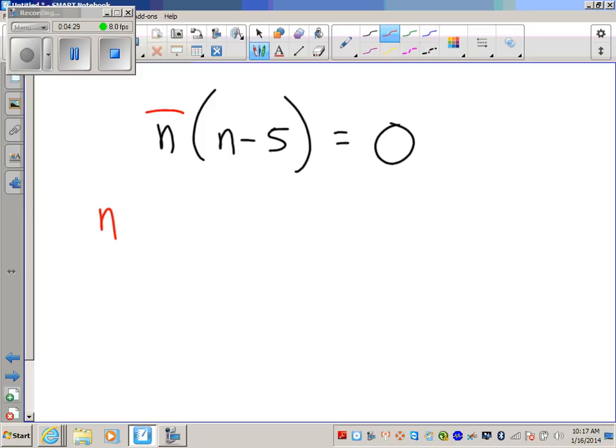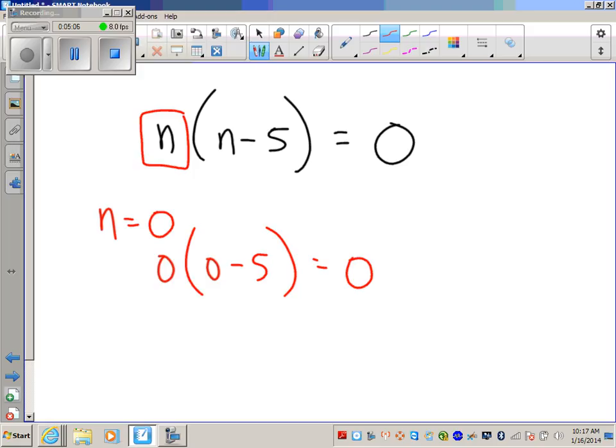Let's solve for this n first. Make that one 0. How am I going to make it 0? Can I just say it equals 0? I can for that one. Let's plug it in. I should have two different solutions.